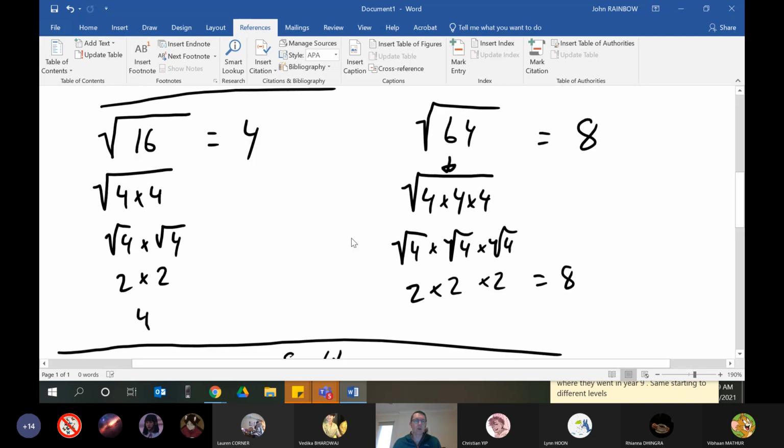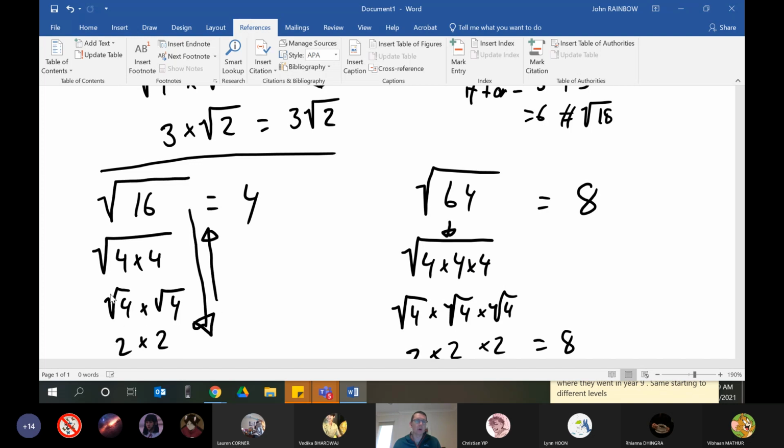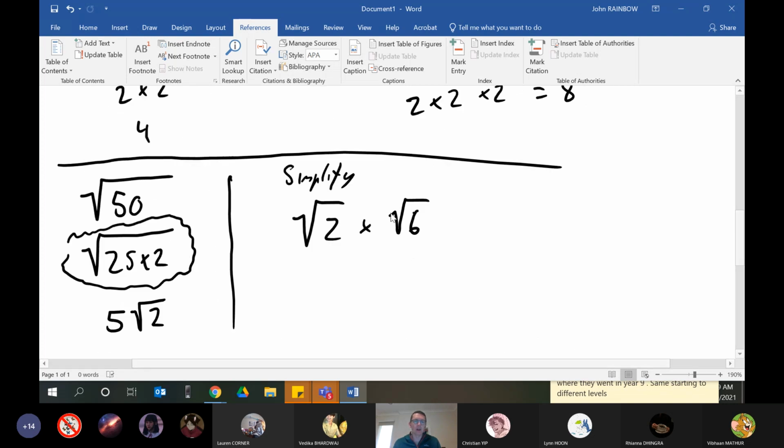Remember before, you can go down through any of these steps, but you can also go up through any steps. If they're both square roots, and not one a square root and one a cube root, I can multiply these numbers together and bring them together. So that is really the square root of 2 times 6, which is the square root of 12.